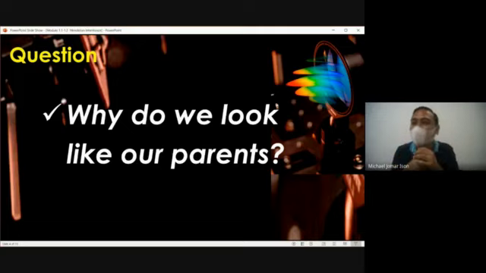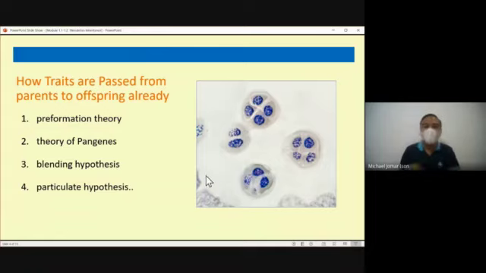But before Mendel made his discoveries about the laws of inheritance, there were several theories or thoughts on how our traits are passed on from parents to offspring. There are four of them. Number one is called preformation theory. Number two is theory of pangenes. Number three is blending hypothesis.